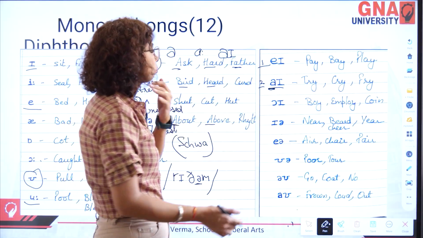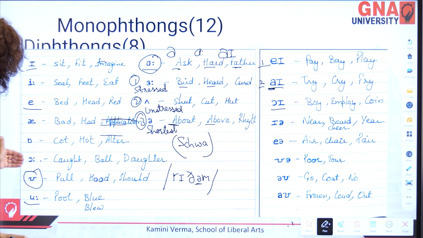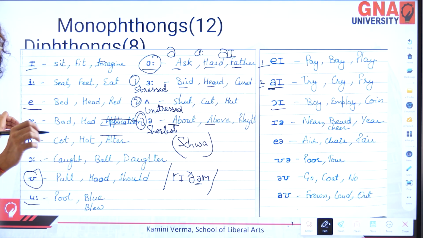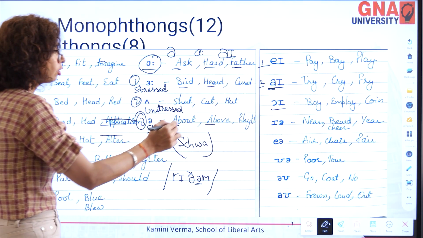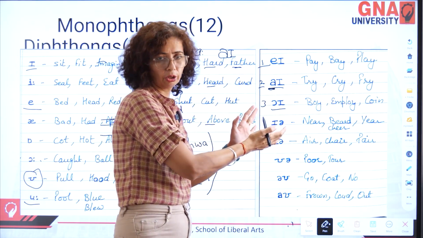Moving ahead with the next one, that is the OI sound. This is the stressed O sound, but now combined with the E sound, so we are not marking those two dots over it. So this is the OI sound of English.